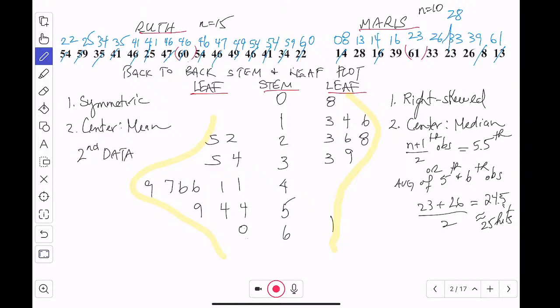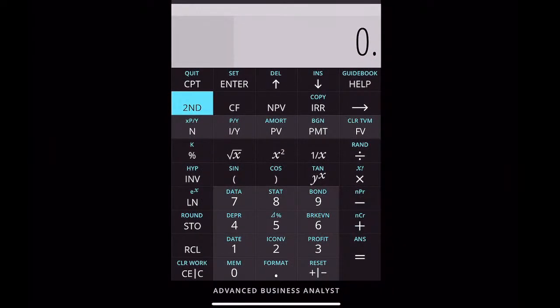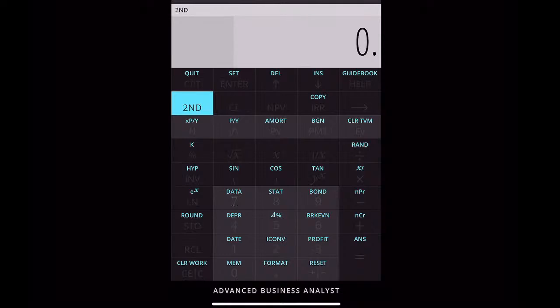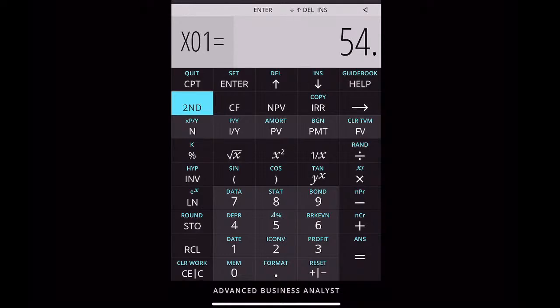In the TI-84, you can make a list of data like you would in Excel. I can also show you in Excel if you'd like. Let me know. So once you hit second data, you start entering. Tell me when you're done entering.